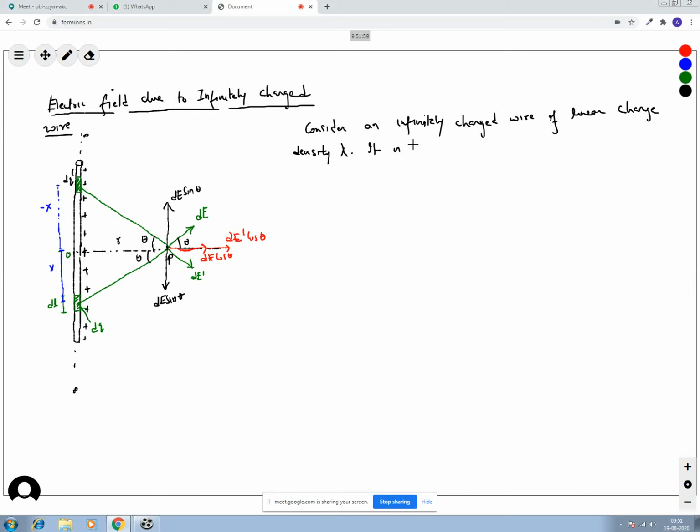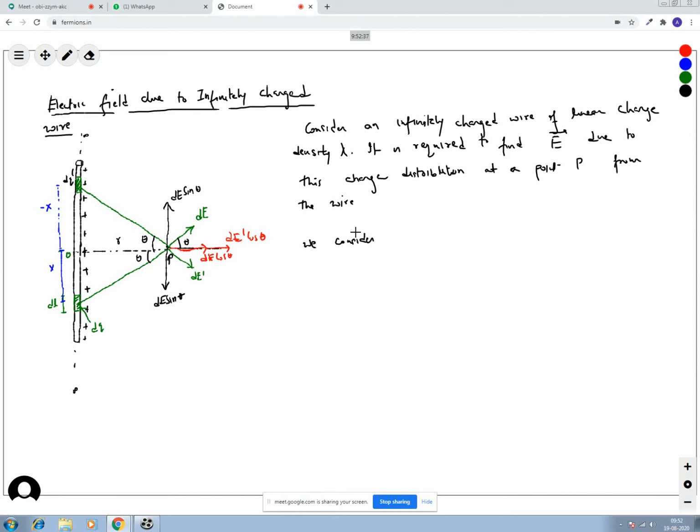It is required to find the electric field E due to this charge distribution at a point P from the wire.